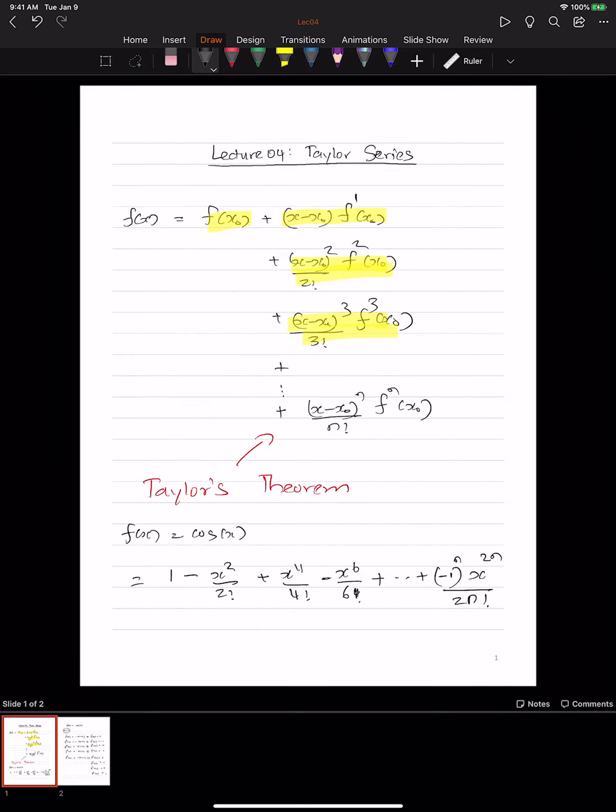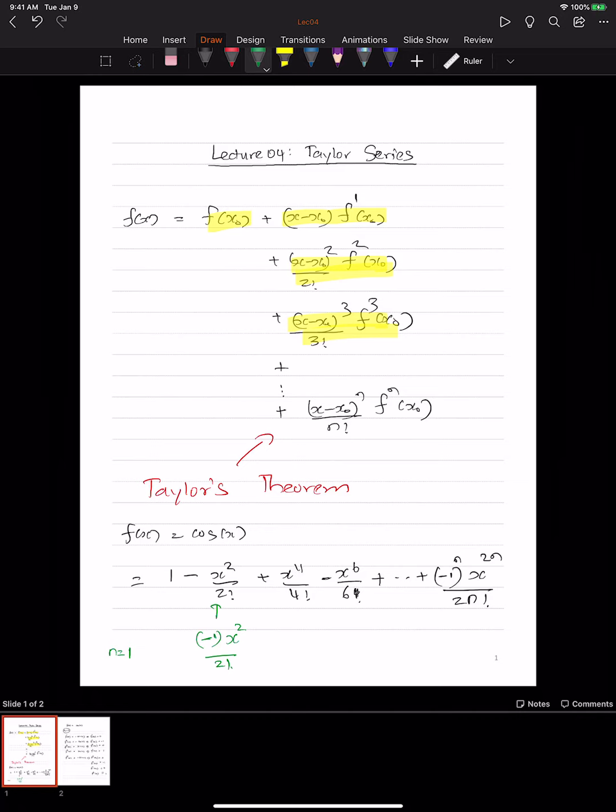If you want to check, let's say n is equal to 1. Minus 1 to the power 1 is minus 1, and then x to the power 2n, x squared, over (2n) factorial, which is 2 factorial. So that corresponds to n equals 1.